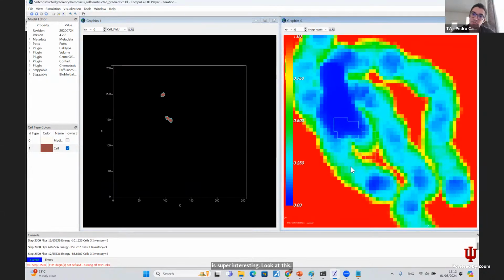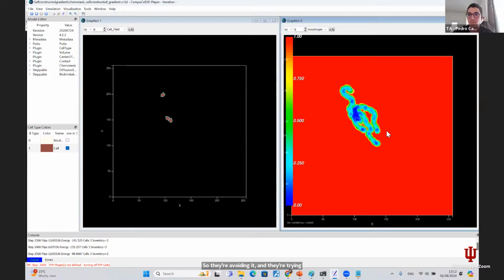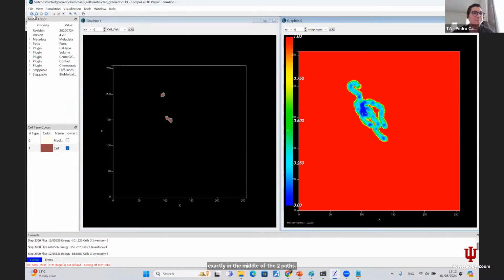They are trying to avoid both left and right trails because they are nutrient-depleted trails. So they are avoiding them and trying to cross exactly in the middle of the two paths. And the other cell over there is migrating freely, persistently, with some random fluctuations.